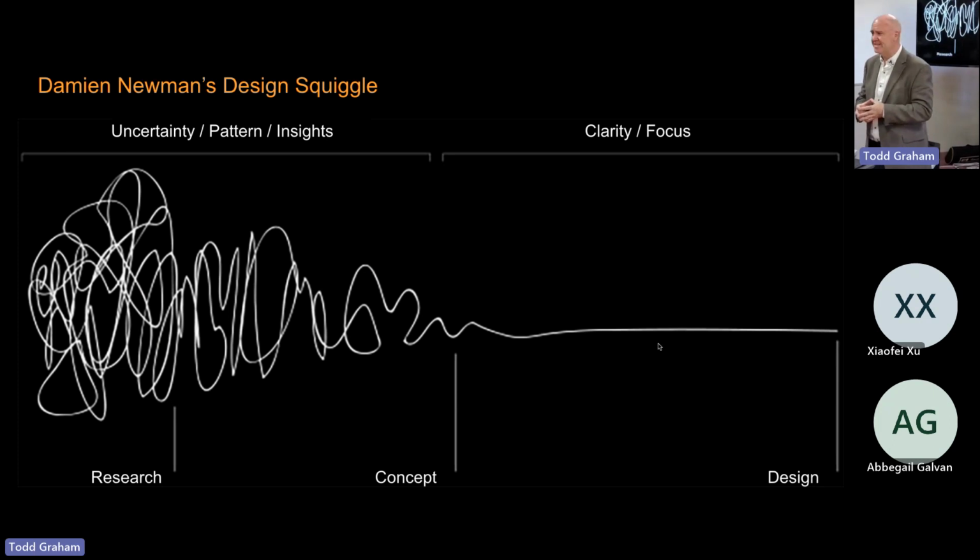I like this. This is Newman's design squiggle. I saw this a couple of years ago, and I thought it was really clever. It's used quite often to illustrate the design process. On the left, we've got this squiggle. That's your research, your uncertainty phase, where you're looking to test your ideas and come up with your concepts.